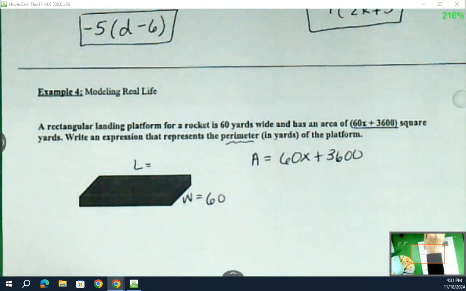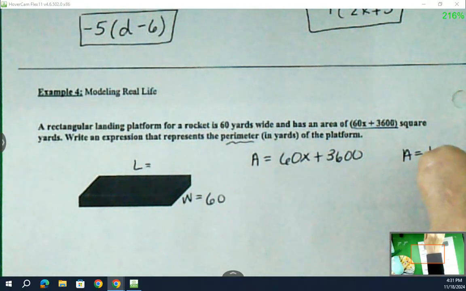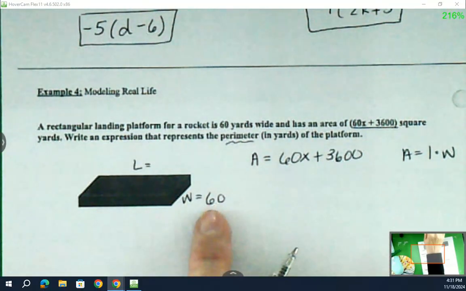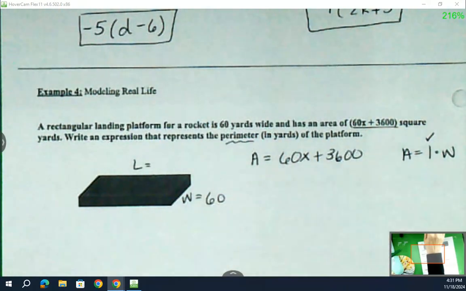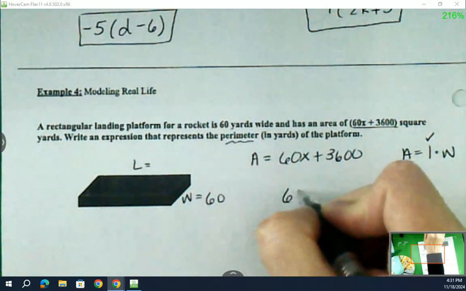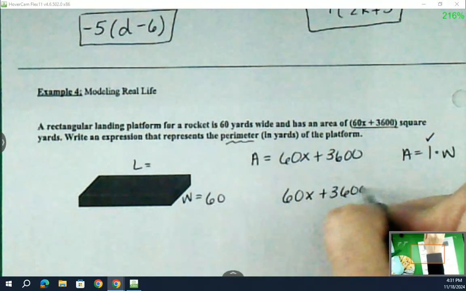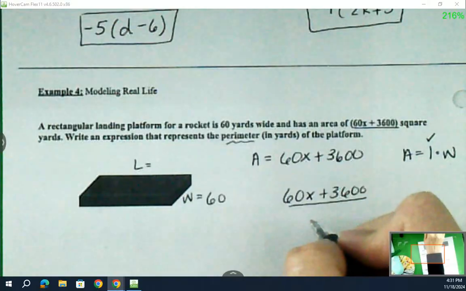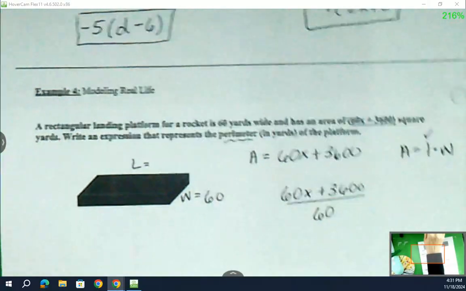3,600. So the way to find the length is, you'll recall that area equals length times width. So we're going to have to pull out the width here in order to get our length using our area formula. So we're going to have our area divided by our width of 60 to get our length.